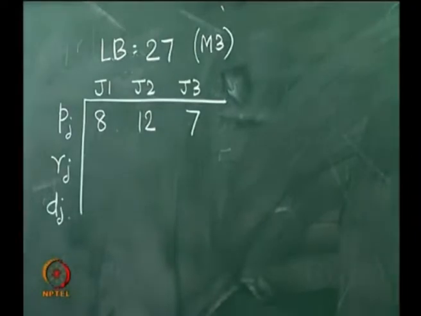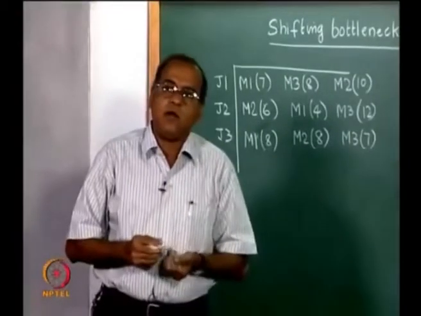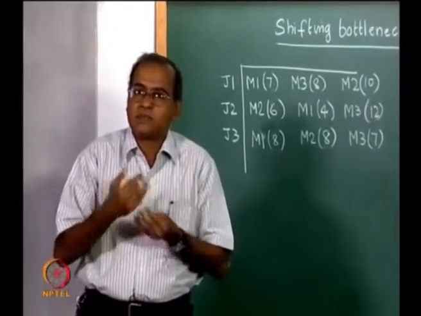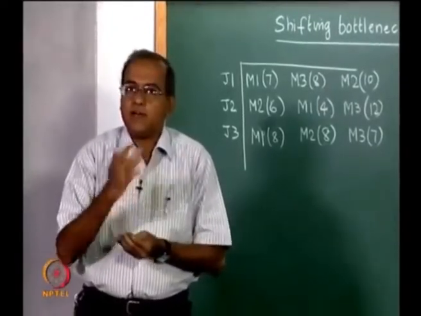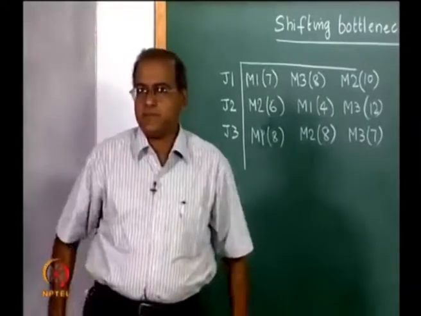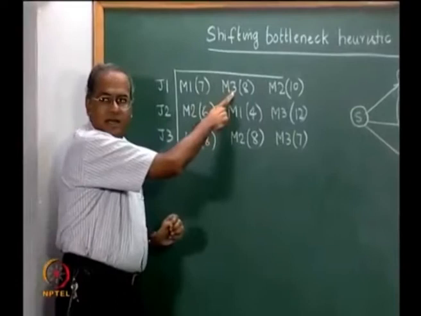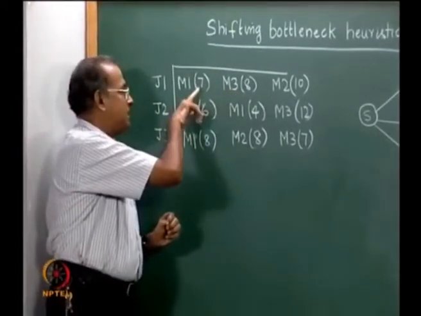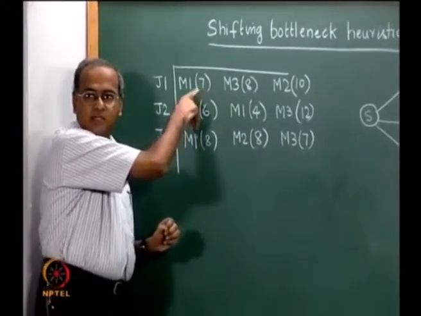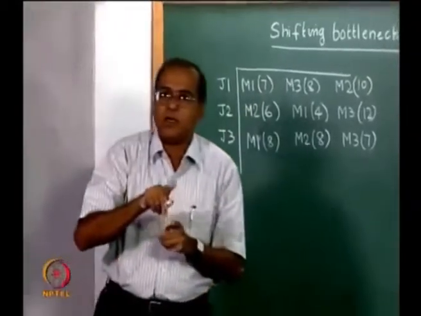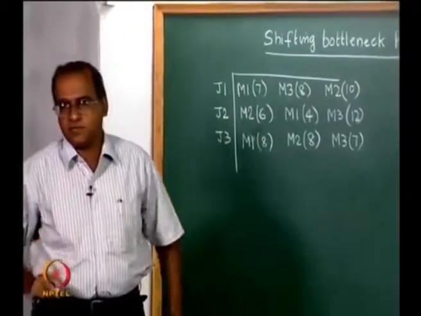Now, let us go back and find out the Rj, which is the release time of the job, or the earliest one can expect the job to be made available for M3. So, if we look at J1, earliest it can be made available for M3 is 7 because it has to finish on M1 and only then it has to come on M3.